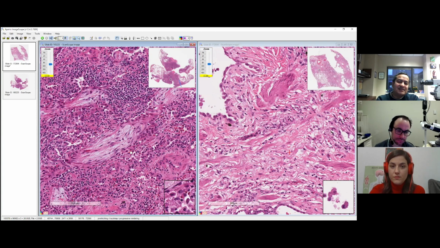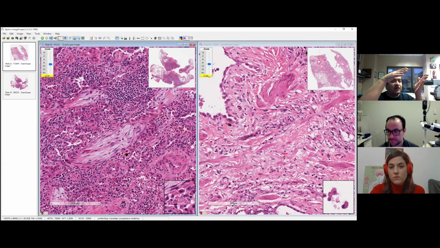So you almost have to infer airspace location by the shape of the thing rather than by actually looking at the interstitium. What's happening here is that the fibroblast plug is arising from the interstitium and then snaking into the airspace. So the plug itself looks like it has type 2 pneumocytes on its surface, but that's because it started from the interstitium.